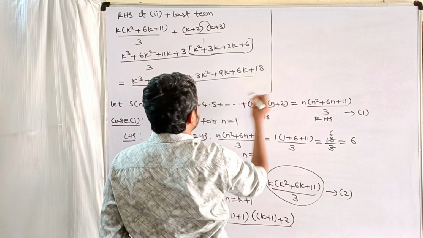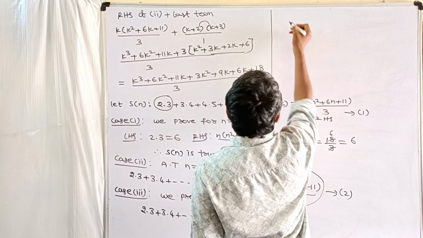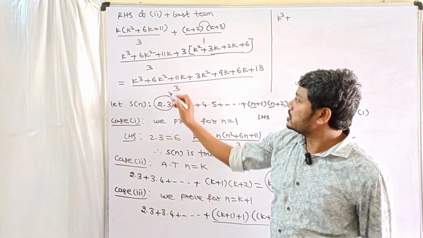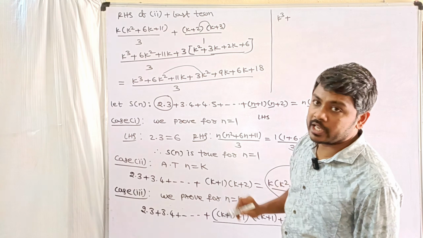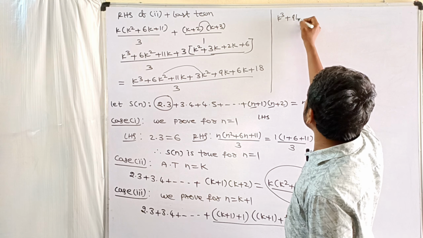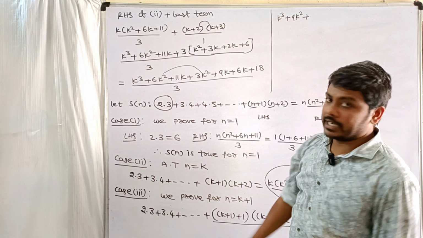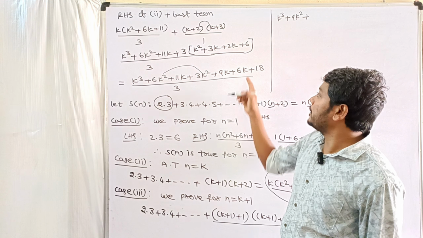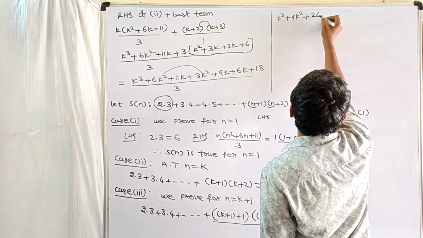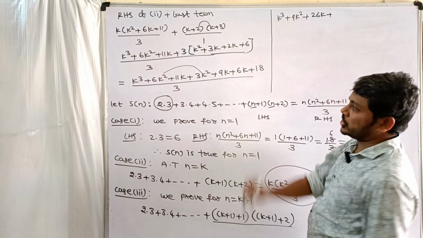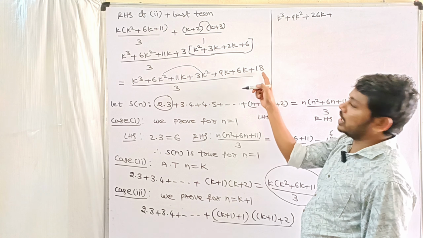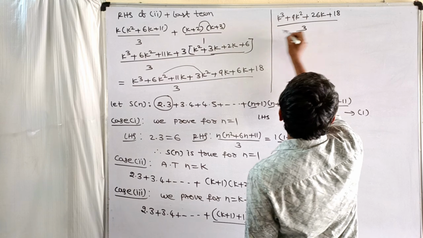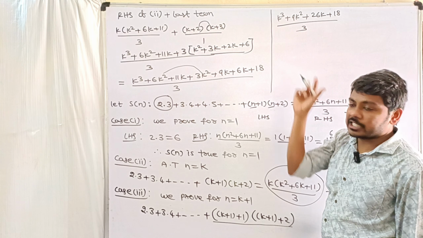Again, which is k cube, and see the like terms, 6k square plus 3k square, 9k square plus, right, k terms, 11k plus 9k, 20k plus 6k, 26k plus constant. What is the constant? 18, which is divided by 3. So this is the LHS part.